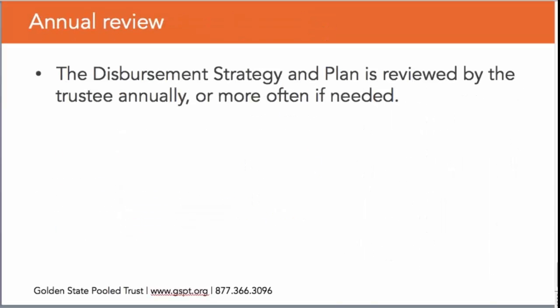So the last step that's really important is, you have the strategy, you have the execution, dealing with things as they come up, and then you really need to be looking at that holistically and reviewing it on an annual basis as they do at Golden State School Trust.